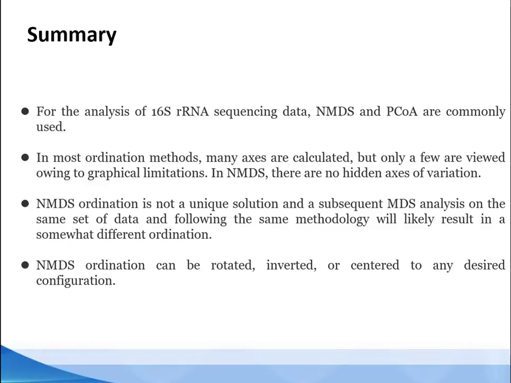In most ordination methods, many axes are calculated, but only a few are viewed owing to graphical limitations. But in non-metric multidimensional scaling, a small number of axes are explicitly chosen prior to the analysis, and the data are fitted to those dimensions, so there are no hidden axes of variation.